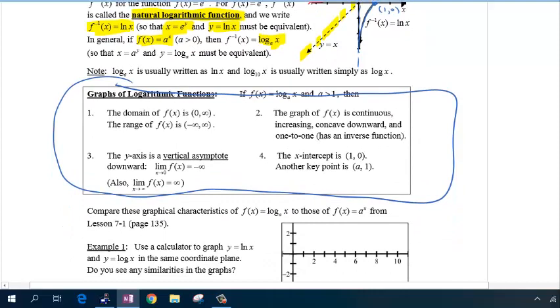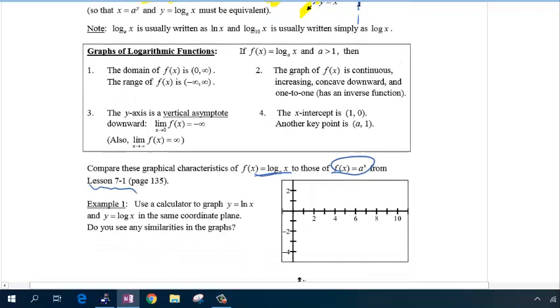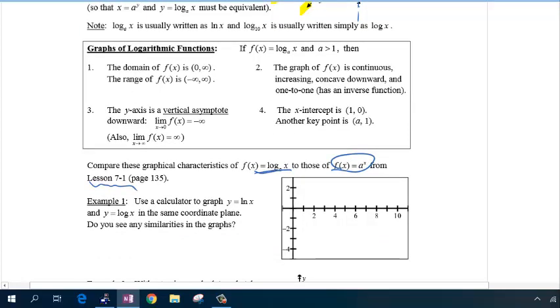I'm going to move on, but I would like you to look at these graphical characteristics of log, and go back to our lesson 7.1 and compare them with the characteristics of the exponential. I hope you find a connection, and the connection, of course, is that they are inverse functions.